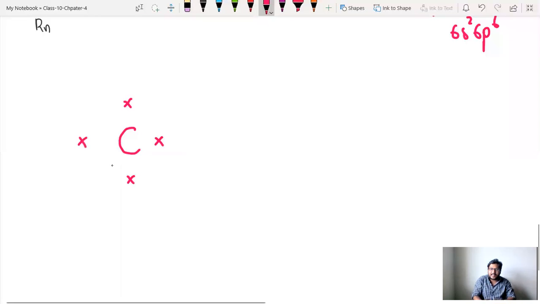You can represent like this also: 2 electrons here, third electron, fourth electron. According to the bond, you can do it. Or you can represent like this: 3 electrons here, 1 electron here. According to the bond, single bond, double bond, triple bond, I'll explain this in this lecture.